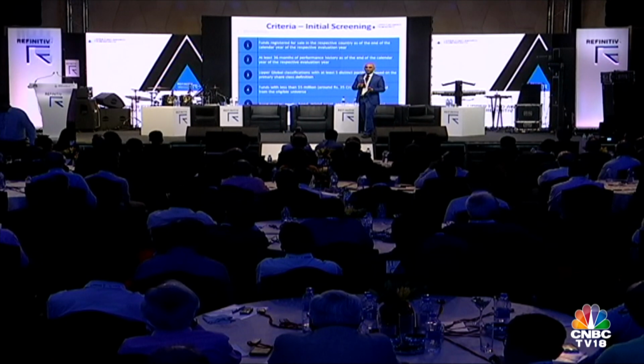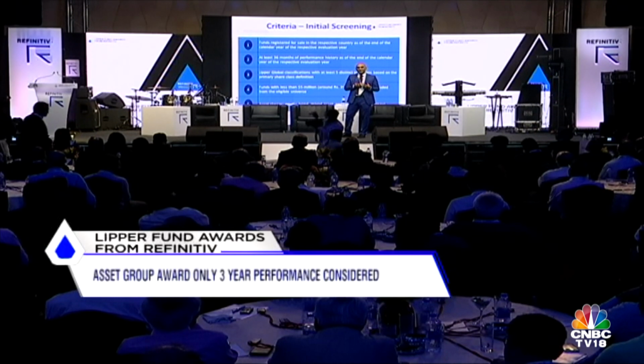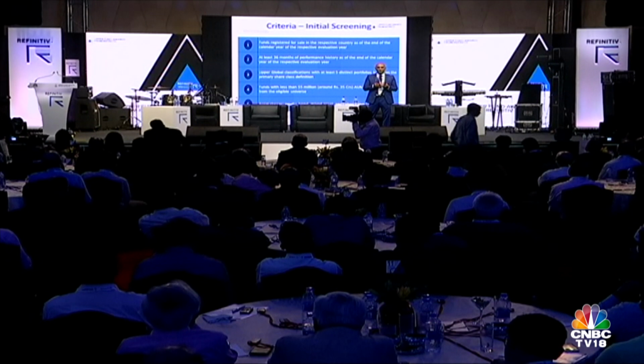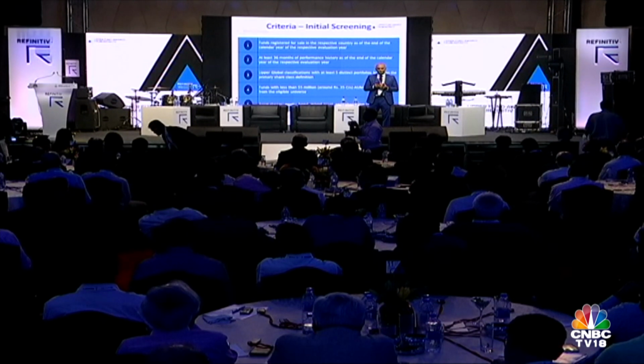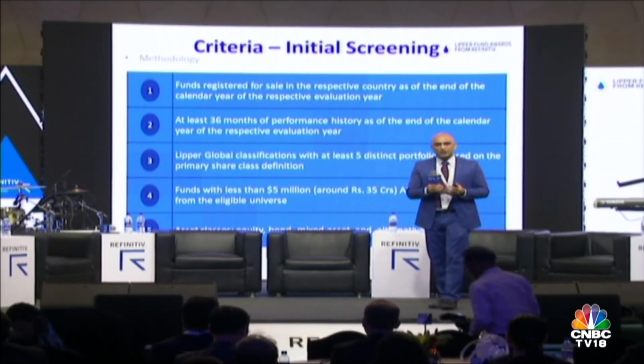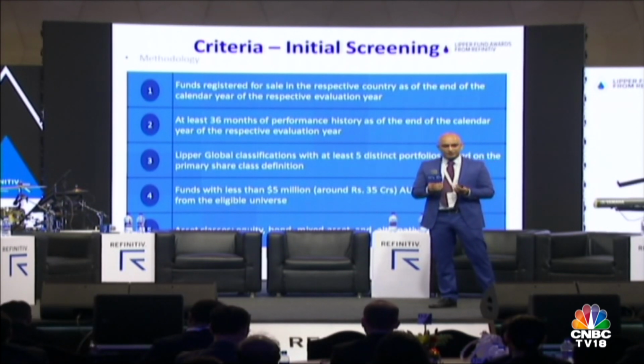Thereafter, we look at the funds that have at least 3 years of performance history. Thereafter, we remove the funds that have AUM less than 35 crores; they get eliminated from the evaluation. And thereafter, the fund classifications, the fund categories that are left with at least 5 funds meeting this criteria, are considered for fund awards.